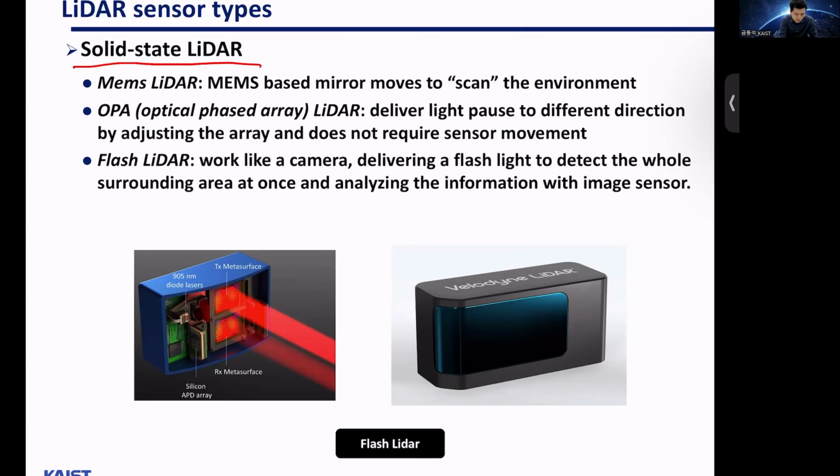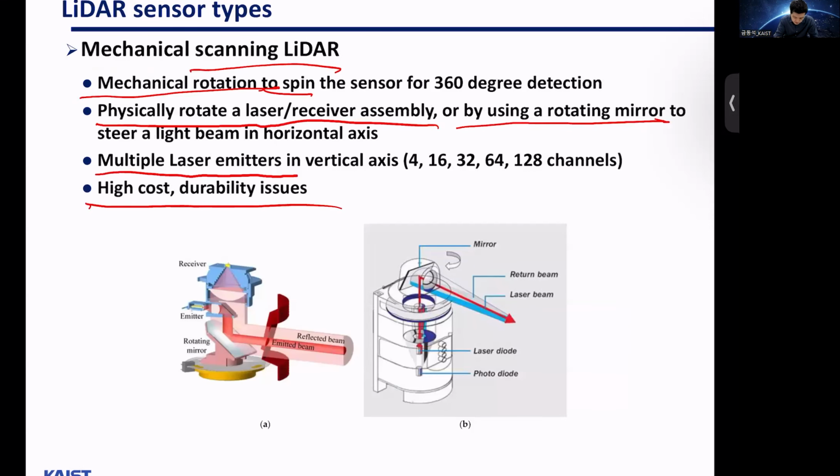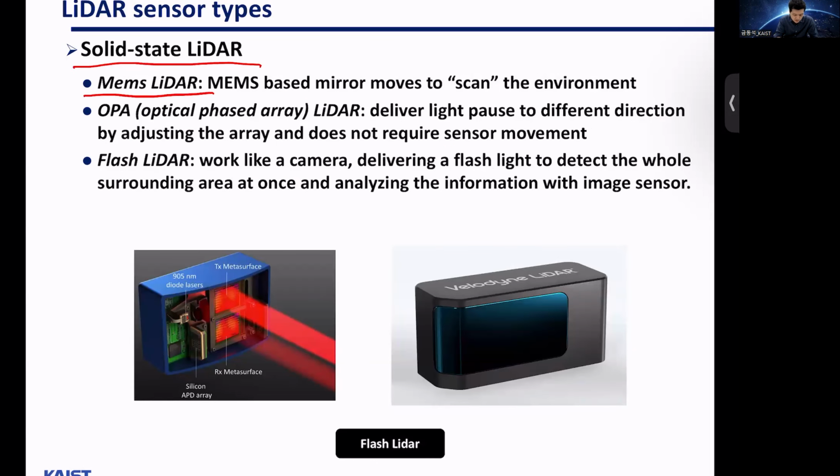And there are multiple types. There's MEMS LiDAR, where the mirror is designed using a MEMS device, a very small actuator, and the mirror moves the direction of the laser so it can scan the environment.